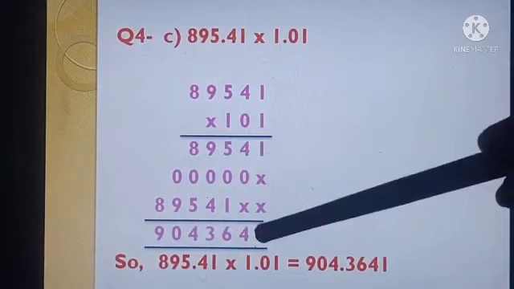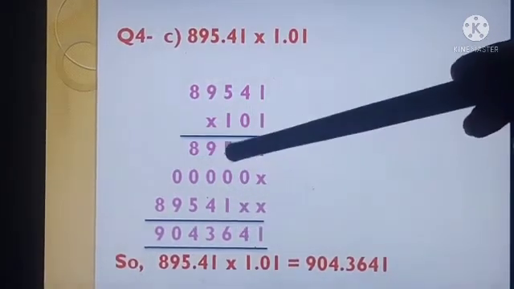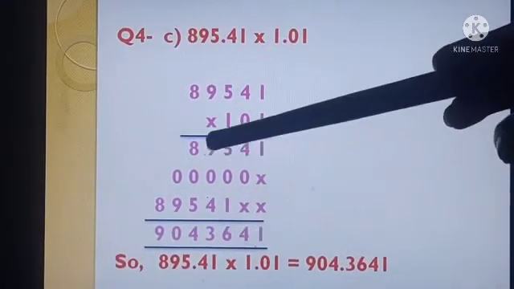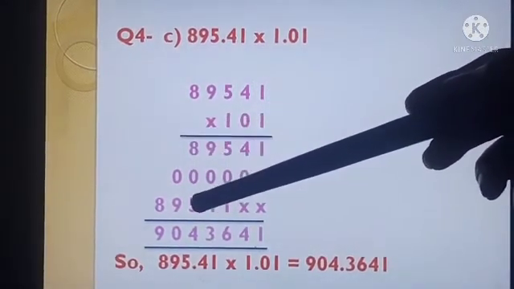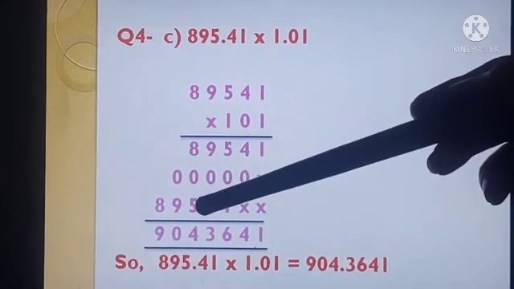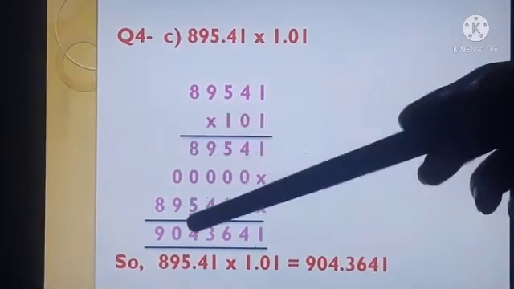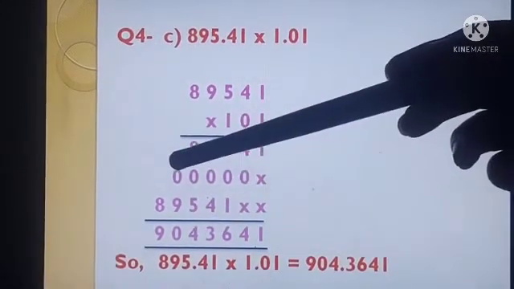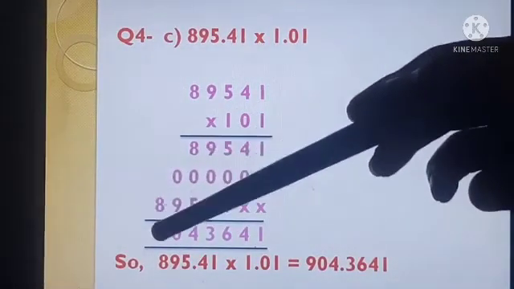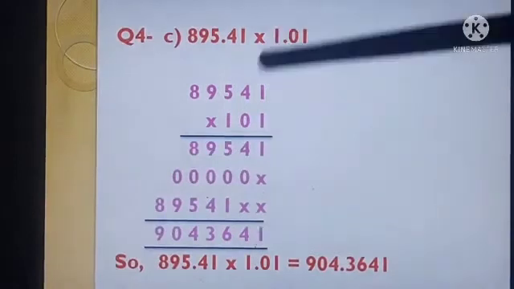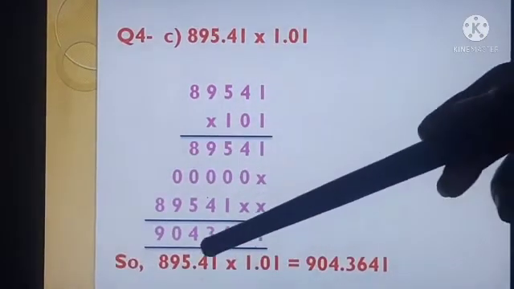Now add this: 1, 4, 5 plus 1, 6, 9 plus 4, 13, 3, 1 carry. 9 plus 5, 8 plus 5, 13. 13 plus 1, 14, 4, 1 carry. And 1 plus 9, 10, 0, 1 carry. 8 plus 1, 9.